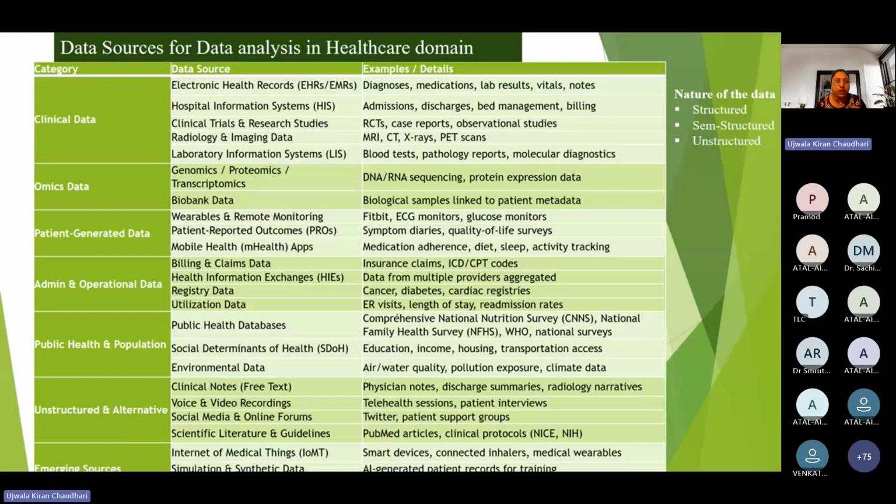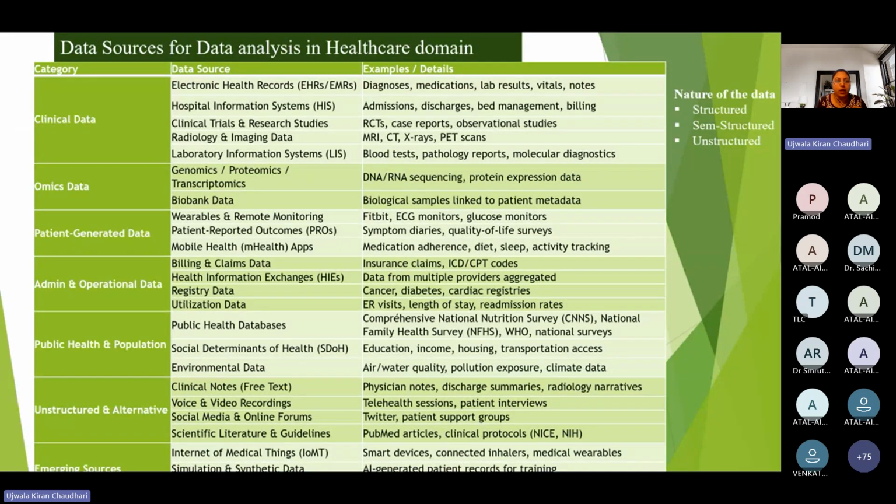These different data sources in the healthcare domain can be classified as clinical data, omics data, patient-generated data, administrative or operational data, public health, or unstructured and alternative data or emerging sources, depending on the source of generation of that data.